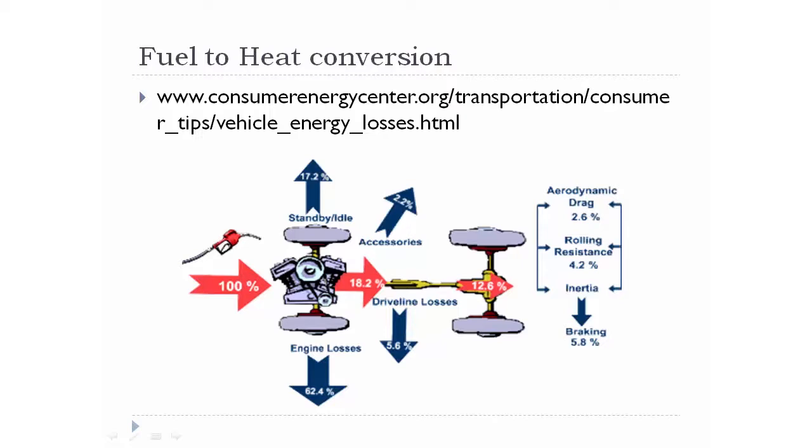After that, there are several losses like driveline losses, and we only get around 12% into the wheel. After that, we still have some losses.